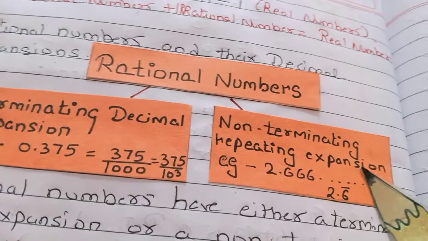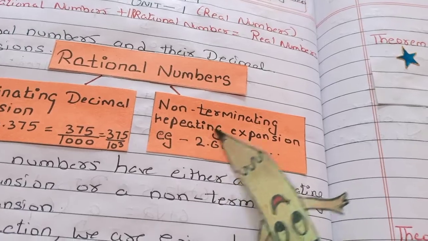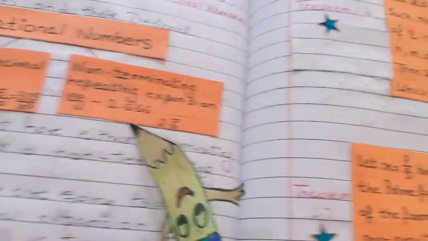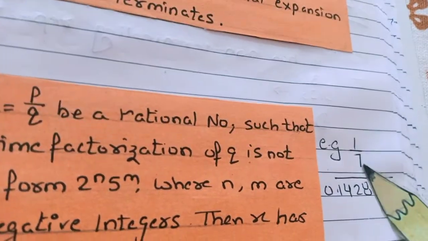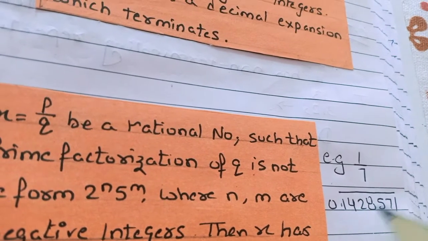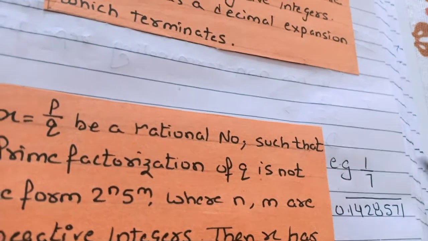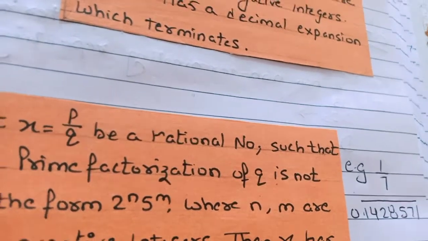Theorems 1.5 and 1.6 deal with the terminating case, and theorem 1.7 deals with the non-terminating repeating case. For example, you already studied in your 9th class, 1 by 7 is 0.142857, it goes on repeating. Then I put a bar on 142857.